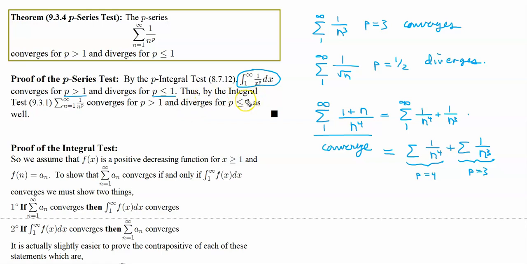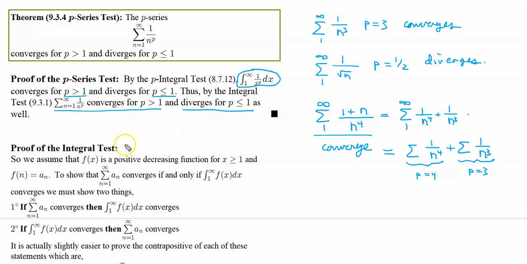So therefore, by the integral test, since the summation and this integral will do the exact same thing, we have that the summation of 1 over n to the p power will converge for p greater than 1, and it will diverge for p less than or equal to 1. And that's it. That's all you have to do, is invoke the p-integral test and the integral test for series, which is theorem 9.3.1 that we had looked at previously.